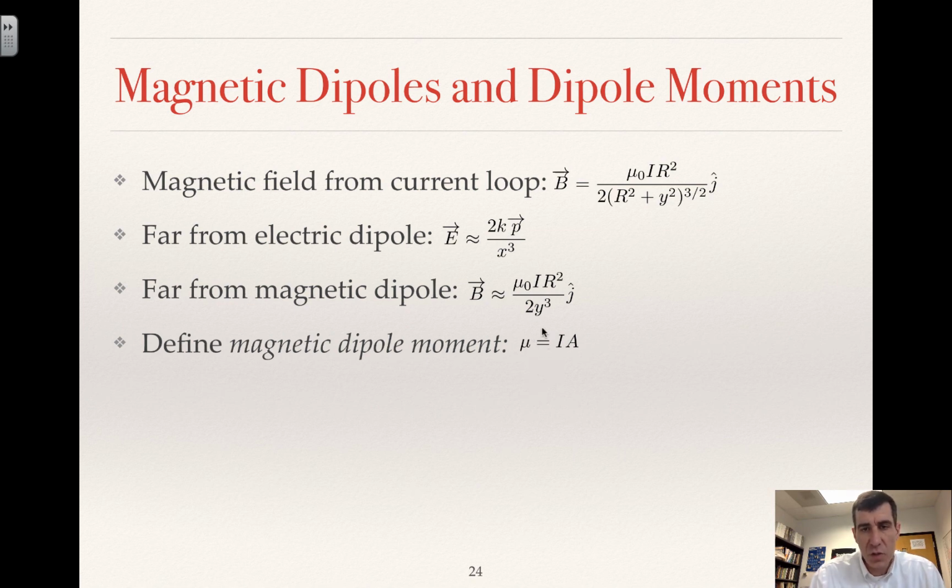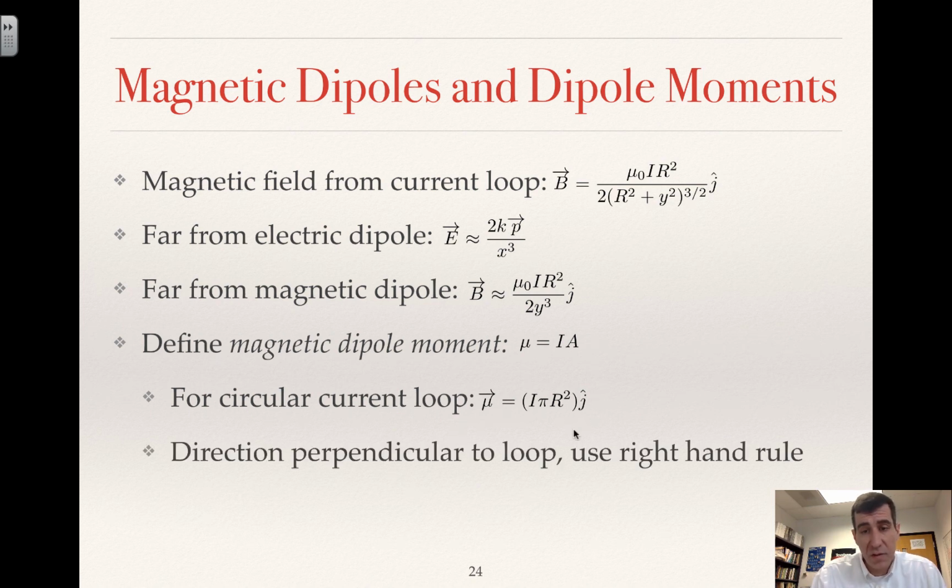We're going to use mu to stand for the magnetic dipole moment, and it is the current I times the area of the loop, A. If we have a circular current loop, the area is just pi r squared, and we multiply by the current I. This is a vector, so the direction is going to be perpendicular to the current loop, either straight up or straight down.